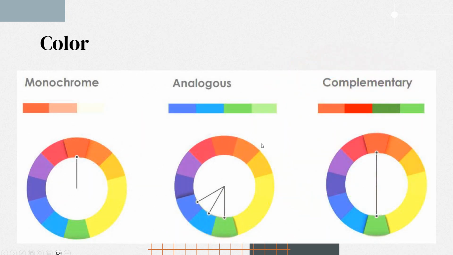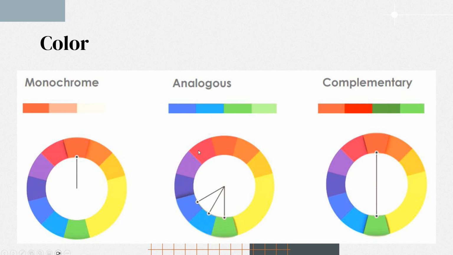Also, we have other color relationships. We've got monochrome, when selecting only one color and the shades of that color. I select one color and the shades of only that one color, we call it monochrome.